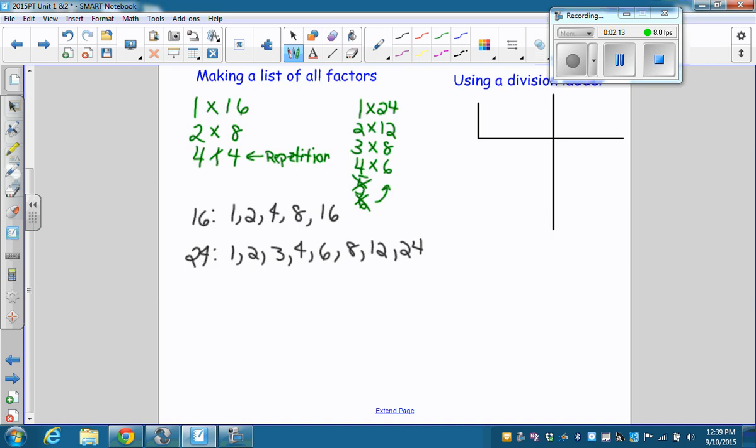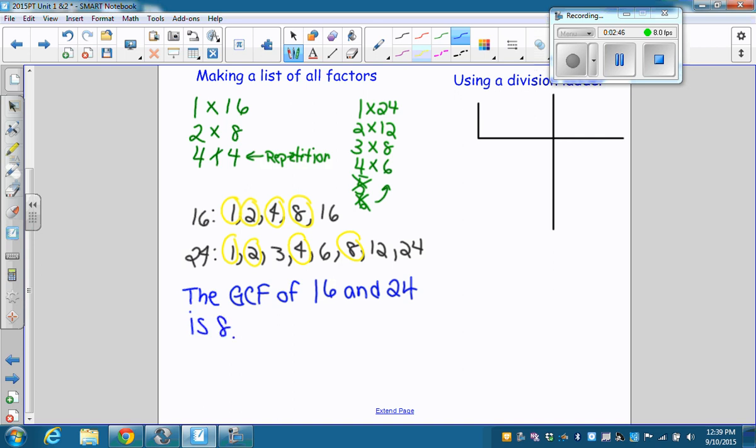And then we talked about all the common factors. There's lots of common factors. 1's common to both. 2's common to both. 4 is common to both. 8 is common to both. So there's 4 common factors, but the greatest common factor, or the GCF, of 16 and 24 is 8.